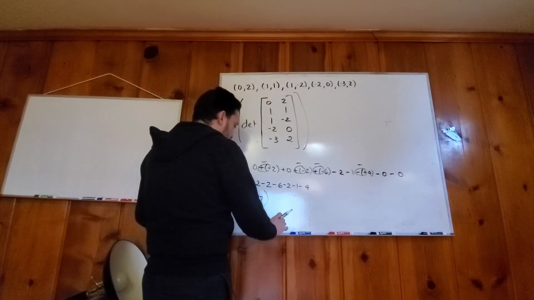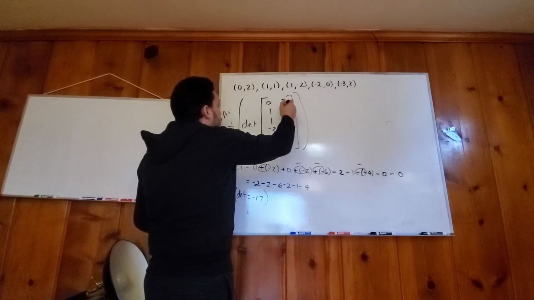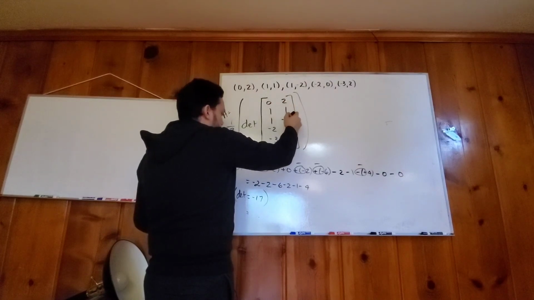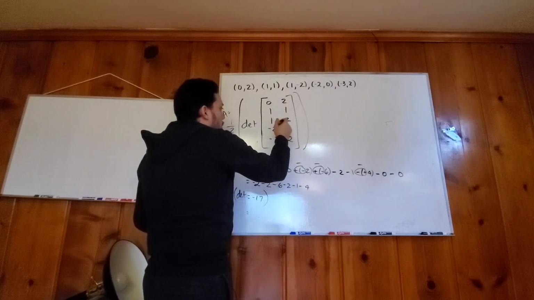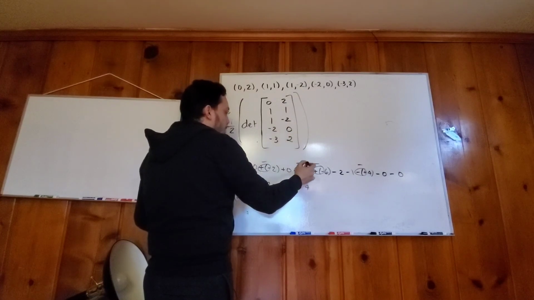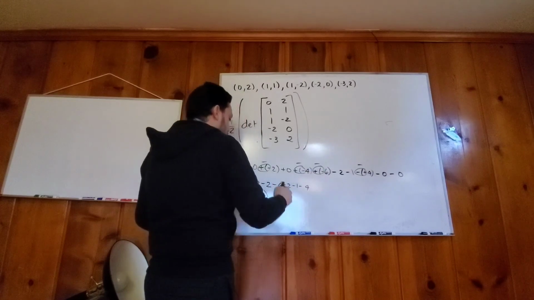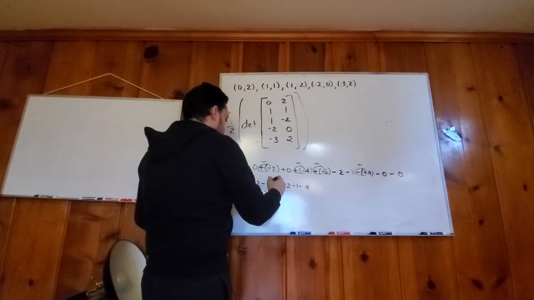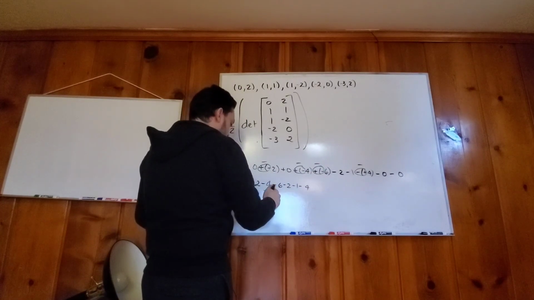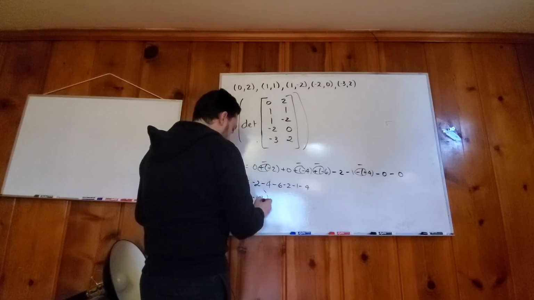Let me see where I did it wrong. So 0 times 1, 0, 1. 1 times 2, negative 2. 1 times 0, 0. 2 times 2 is 4. Dang it. Negative 4. Yeah, they're right. I just made a dumb mistake here. Divided by 2, negative 9.5.